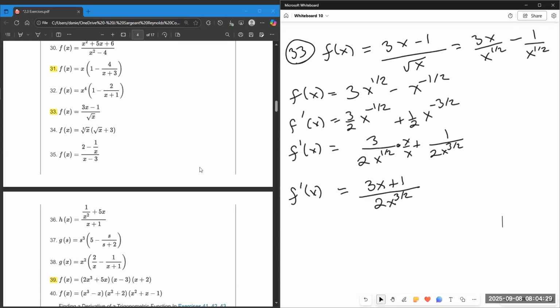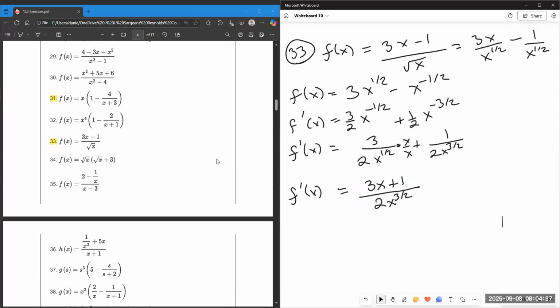I kind of advise against that because you could be looking like you're adding an additional 0 into the numerator when you try to find zeros of this later. So be careful about doing that.